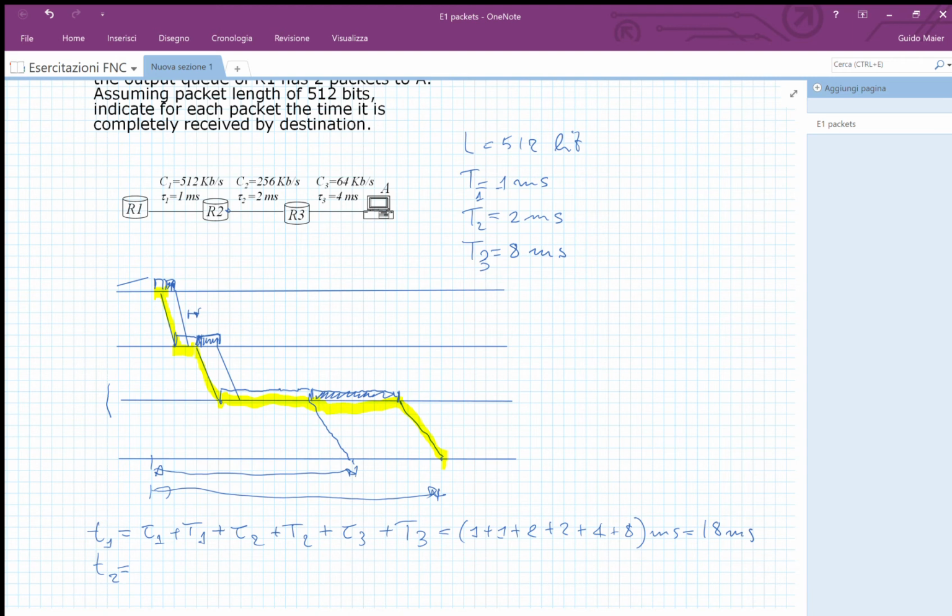So let's write down the final sum. So we have tau 3, which is this segment there. Then we have 2 times T3. Then you have tau 2, T2, you have tau 1, and T1.